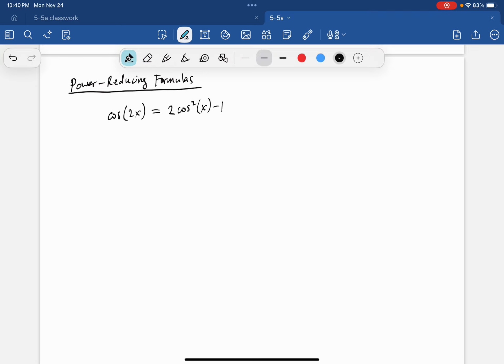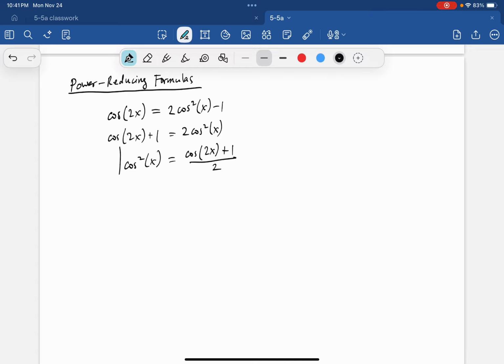We could move the 1 to the right side, and we would have cosine 2x plus 1 equals 2 cosine squared x. Then if we divide both sides by 2 and switch the sides, we're left with our power reduction formula.